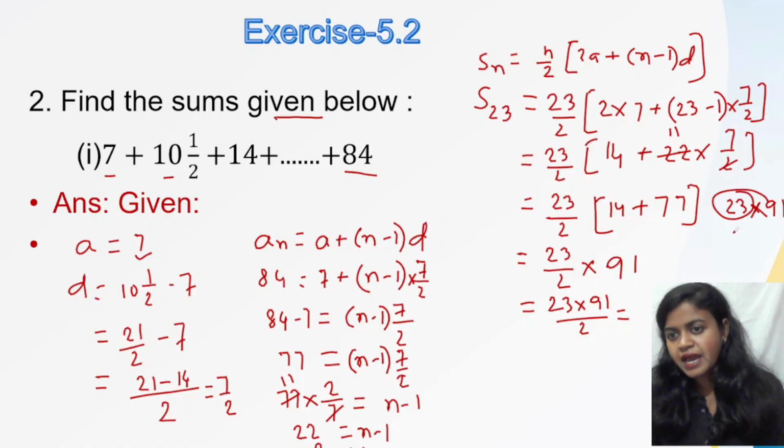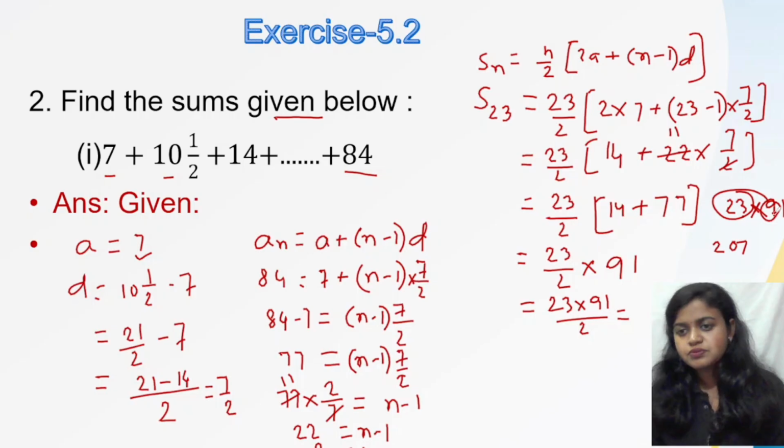So 23 into 9: 9 threes are 27, 2 carry, and 9 twos are 18, 18 plus 2 is 20. So the 0 comes because the 9 is in the tens place, and then 23 into 1 is 23. So we will get 3, and this will be 2093.